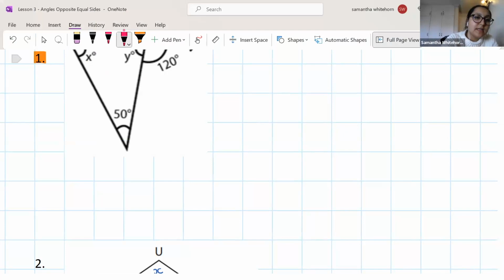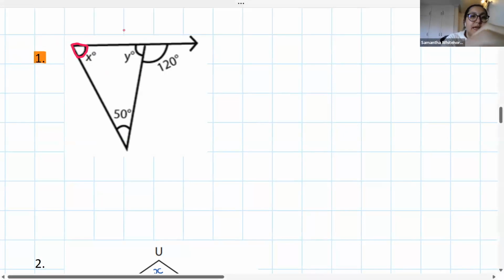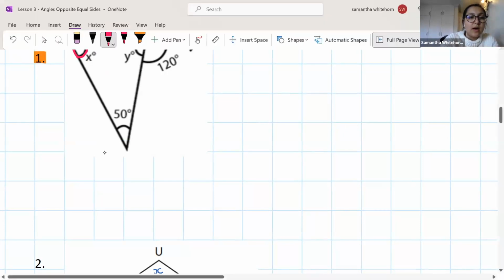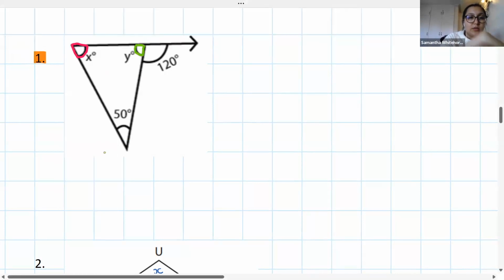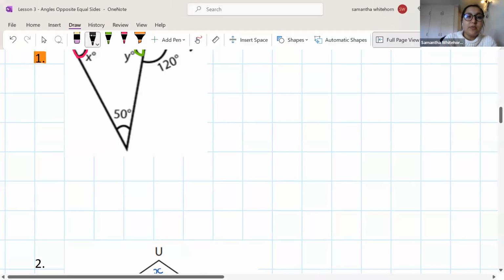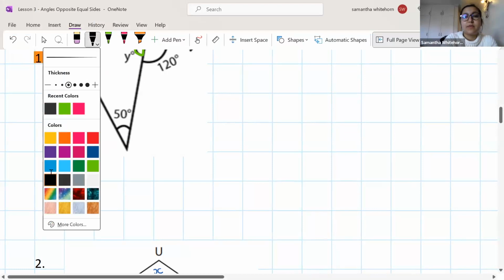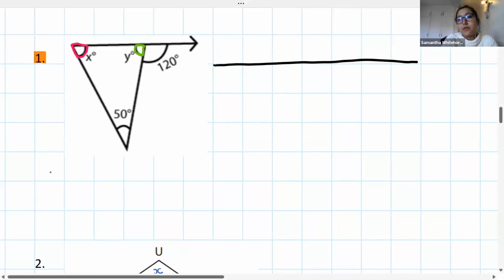Angle X is this angle here, top left. And then I also want angle Y, which is this angle top right. I want you to try by yourself, because again, this is one that we've done. So it's not a new reason. I want you to give me the values of X and Y.